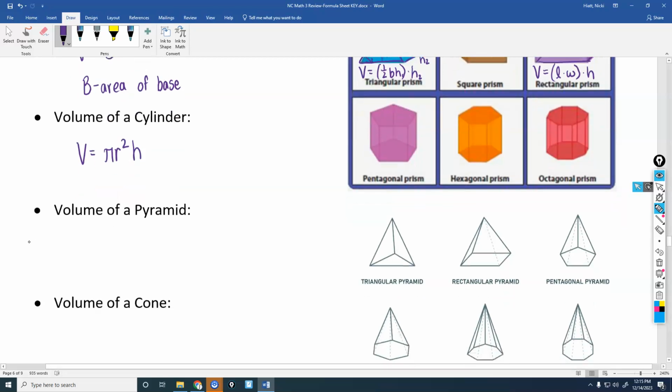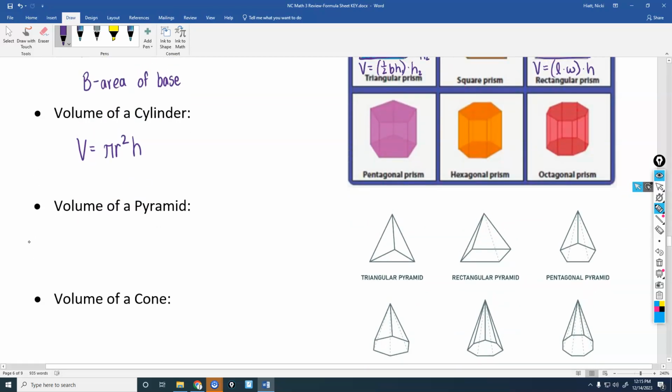Pyramids and cones are almost the same as prisms and cylinders. But what fraction do we have that has to go in front of them? Not a half. 1/3, right? I don't think I actually got to do this for you guys because we were out, but I put a video in the notes where you had to watch videos. If I fill up a cone and try to pour it into a cylinder that has the same height and the same radius, I've got to fill that up and pour it in there 3 times, right?